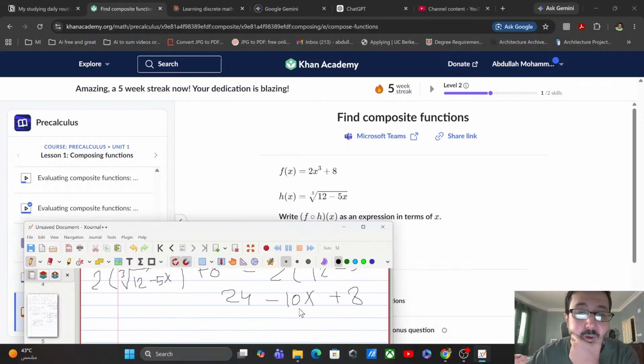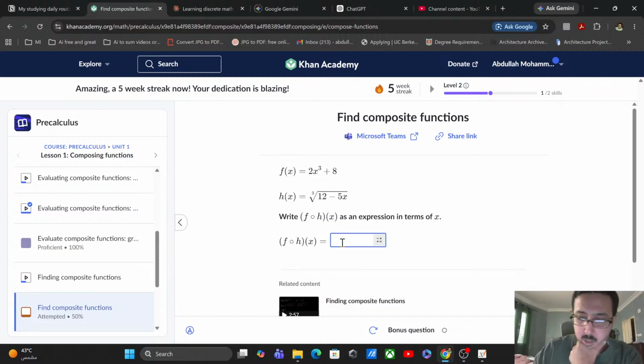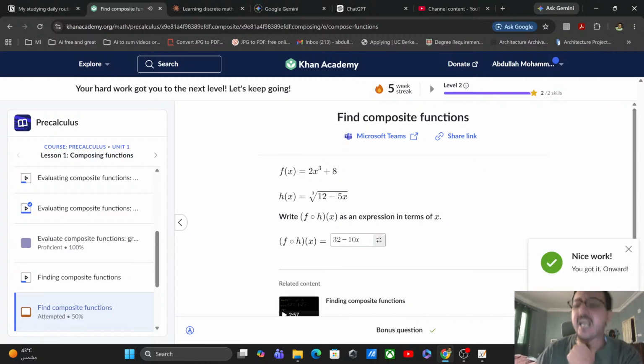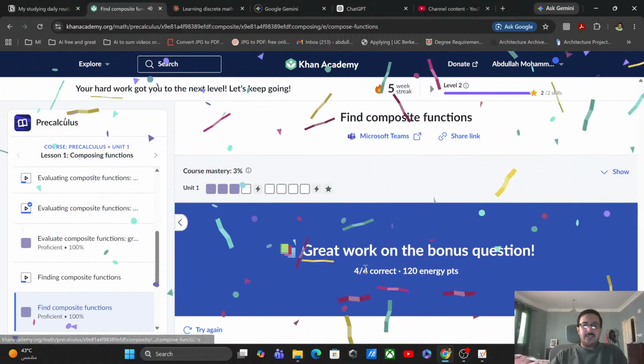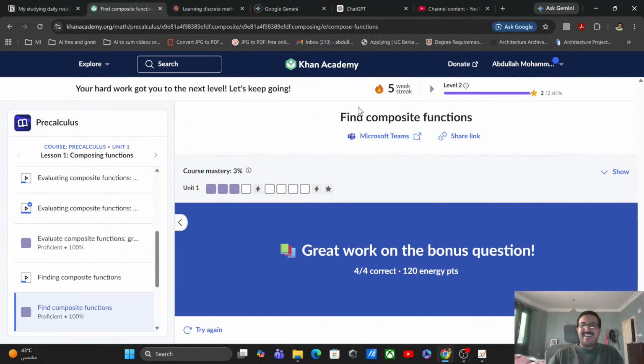Not 34, 32. Because 6 from here is gonna make this 30, we're left with 2, so it's 32 minus 10x. Got that. Oh my god. Got them all. Perfect square.